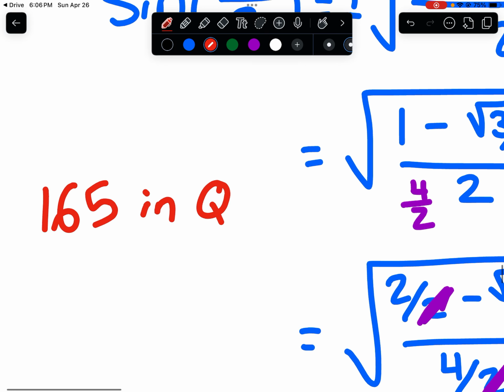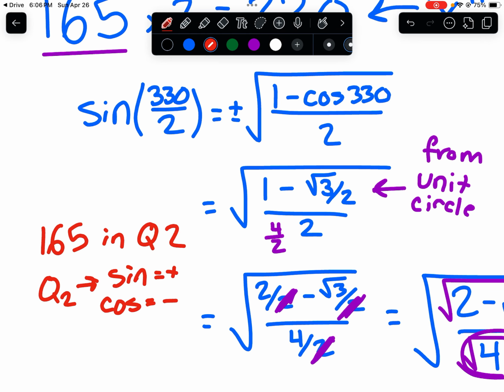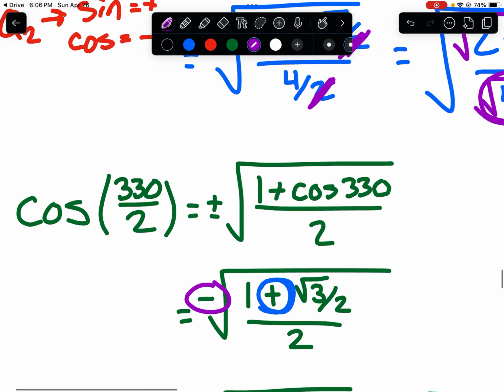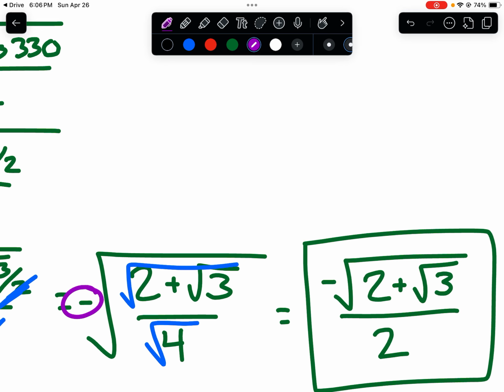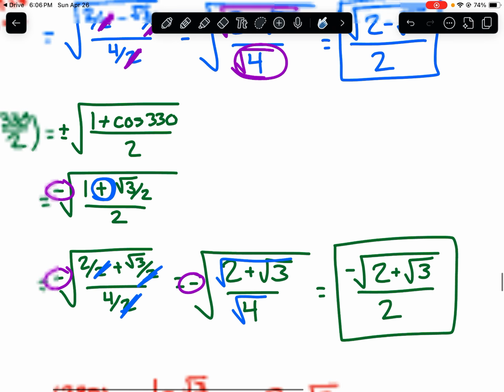And in quadrant 2, sine is positive, cosine is negative. So that's why sine of 330 over 2 was just the positive square root. And then for cosine of x over 2, we've got this negative sign carrying through here, and our final answer ends up being a negative.